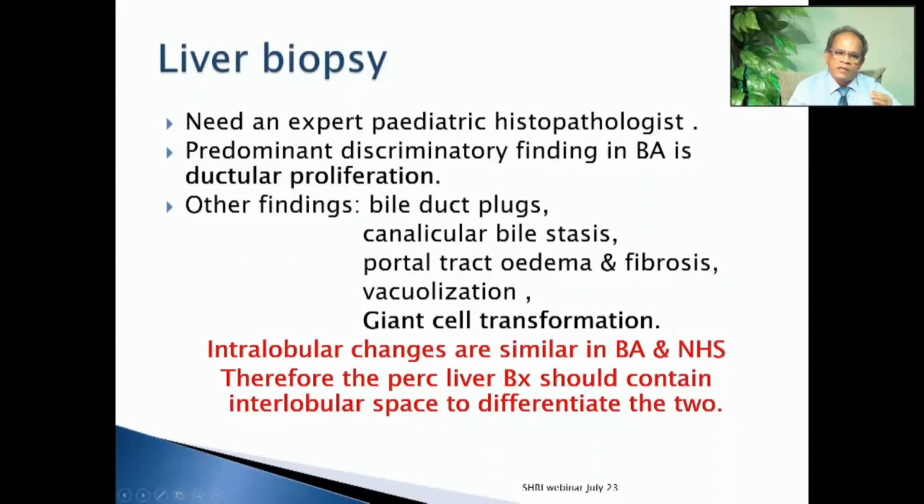But just to go into the differentiation of the two conditions, the main difference in biliary atresia versus other biliary obstruction is between the lobes or lobules of the liver. In other words, the interlobular changes are the important changes in differentiating biliary atresia from neonatal hepatitis syndrome.